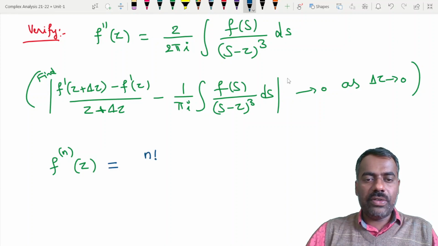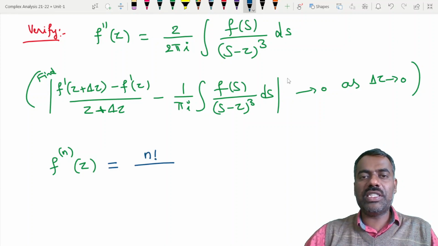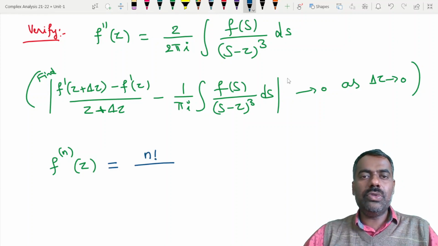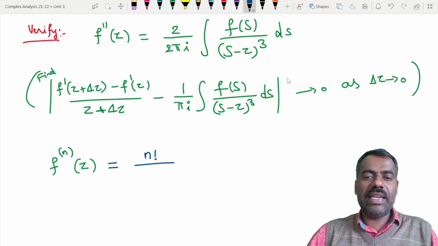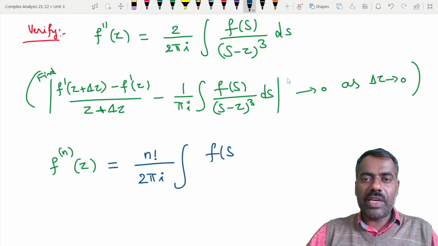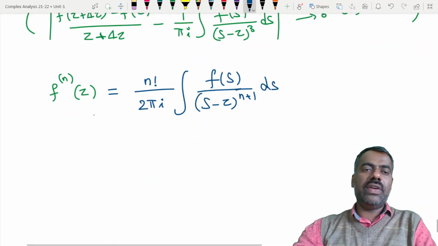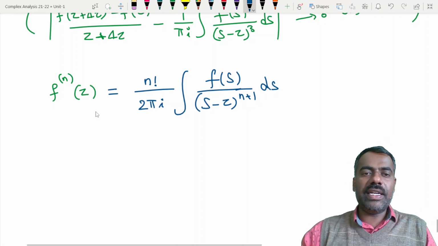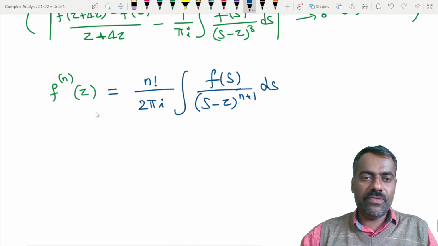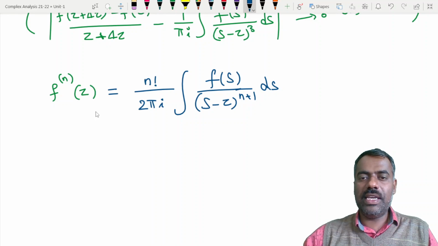Next time you will see 2 into 3 will come, and so on. So that is why you will get n factorial over 2 pi i integration of f of s by s minus z whole power n plus 1. This is the formula of the nth derivative of f evaluated at an interior point z. If you use z naught here, then you use z naught there. That's all.